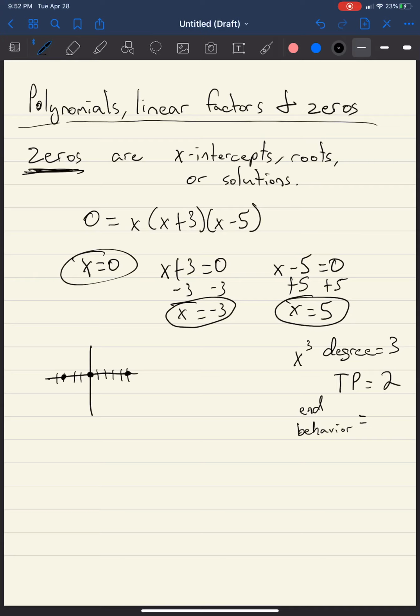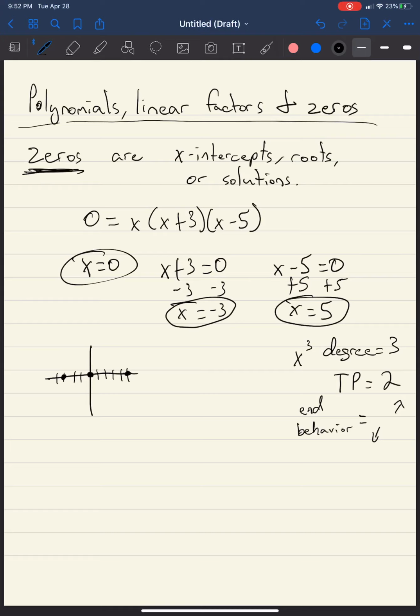And then from there, we have to see if it is a negative number or not. If I look here, I have a positive x and another positive x. Since those are all positive, I know that this is going to be positive. So positive x to the third is going to give me this down, up end behavior.